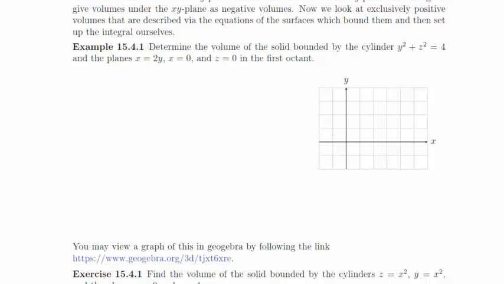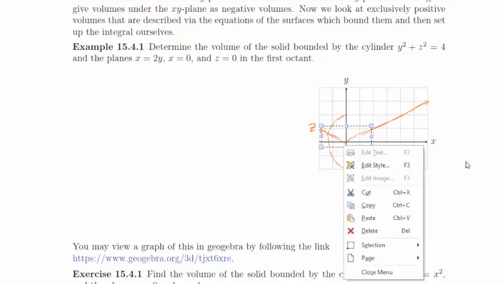So if my z-axis were coming up here, then we would say, okay, we've got a radius of 2 in this direction. Here's my z-axis. And we're bordering this with x equals 2y, which has a, we're just going to go here. We want the first octant only, so I'm not going to worry about anything to the left of the y-axis.